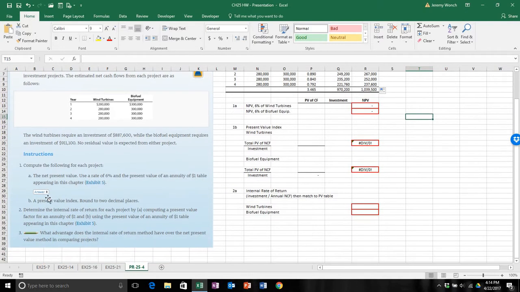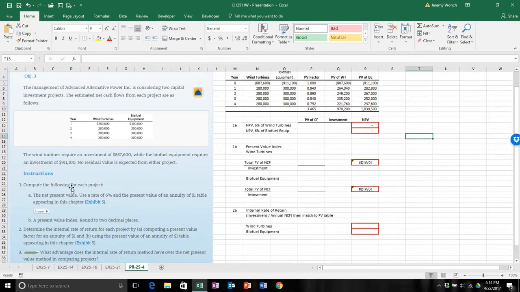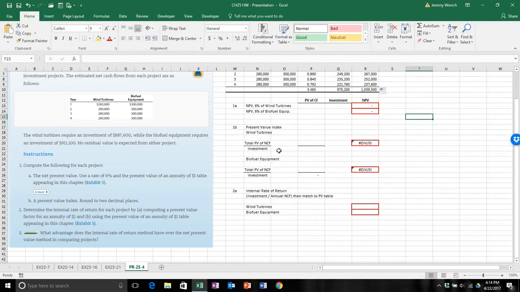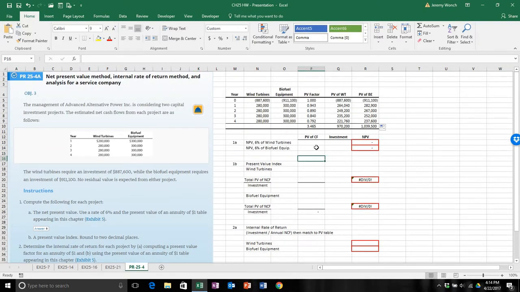And so the first one, it says we want to calculate the net present value of each one of these investments.